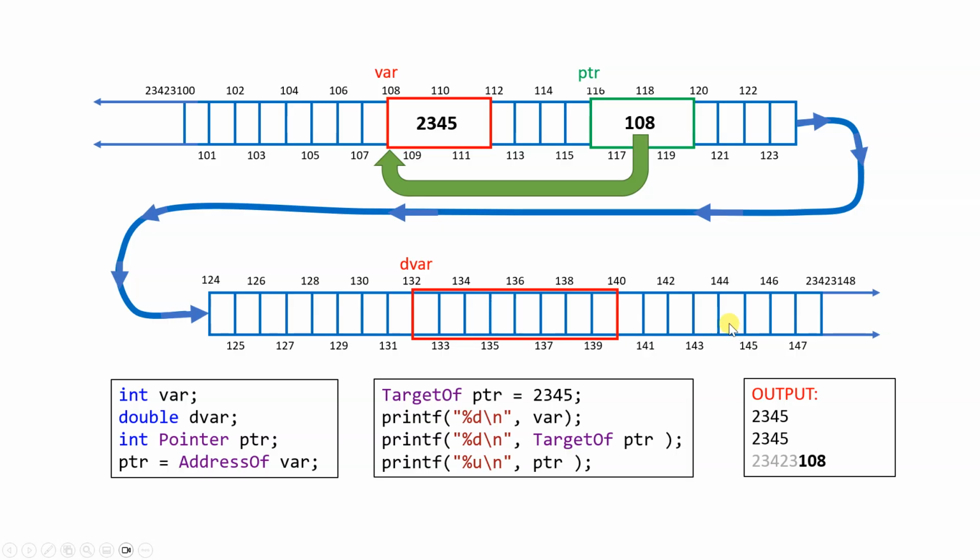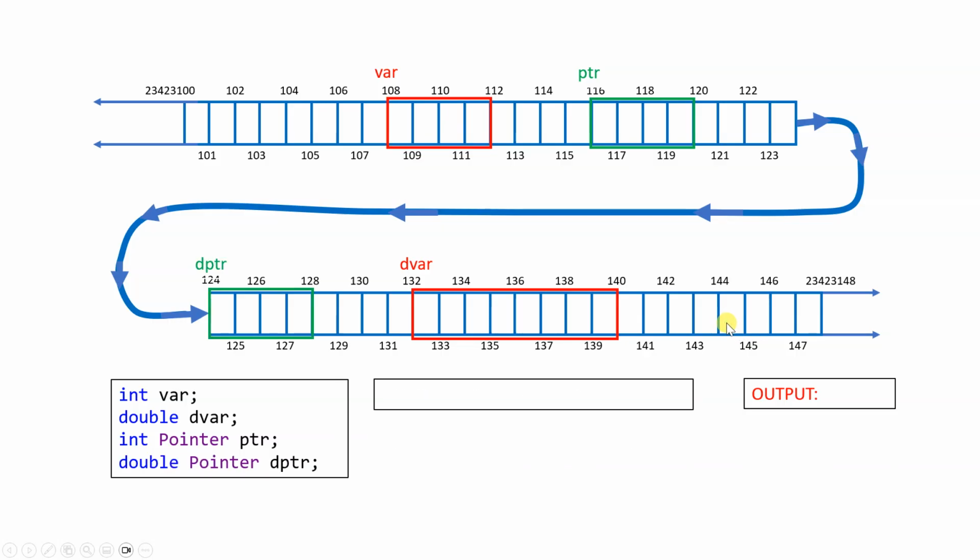Now, if I want to have a double, instead of an integer pointer, I'll create a double pointer dptr. The size of the two are the same, so PTR and dptr are both 4 bytes, because they're both addresses. It's like an envelope. If you are sending that envelope to an apartment, or to a house, or to a government building, the size of the address is always the same.